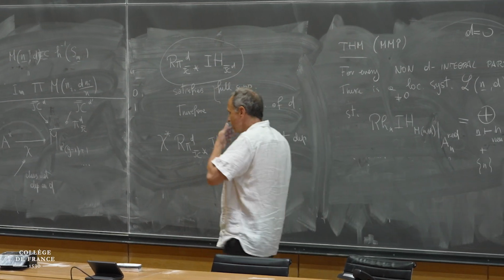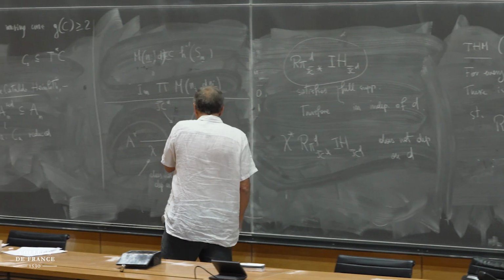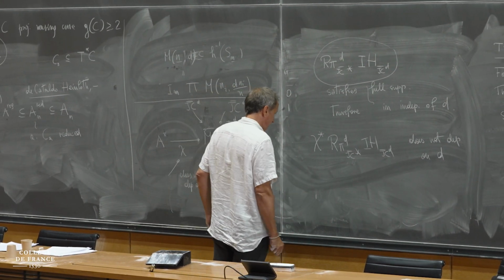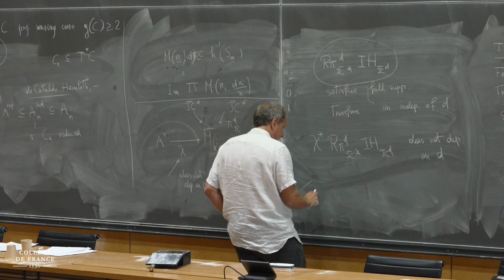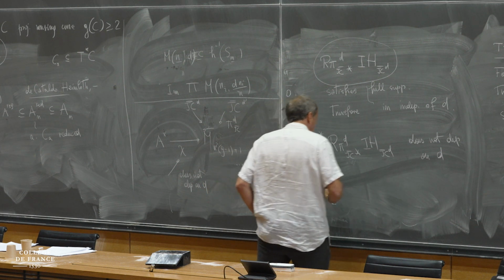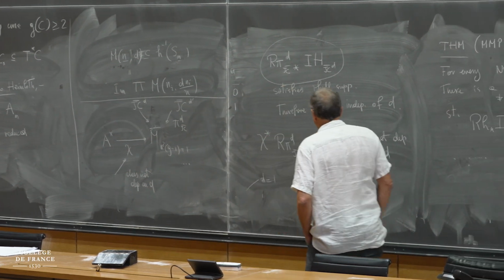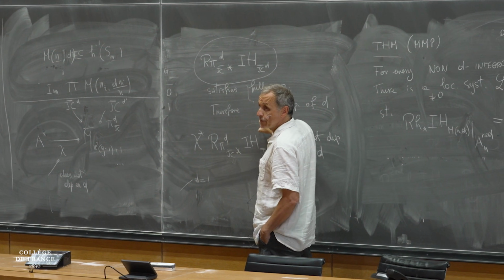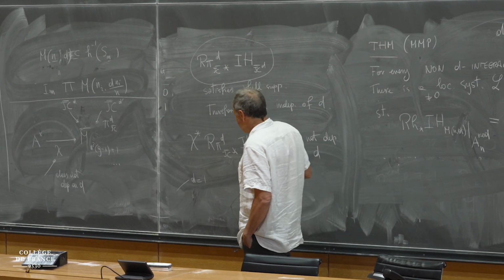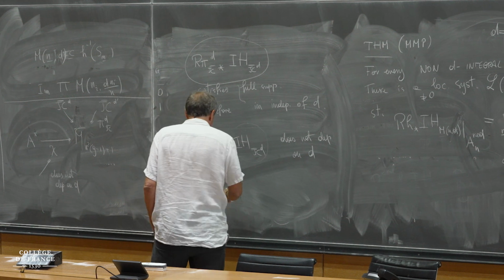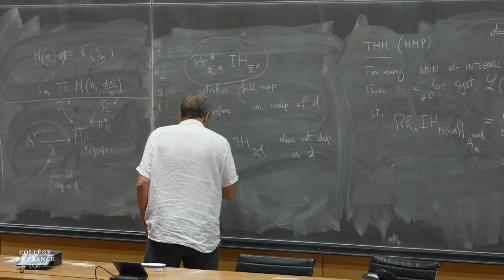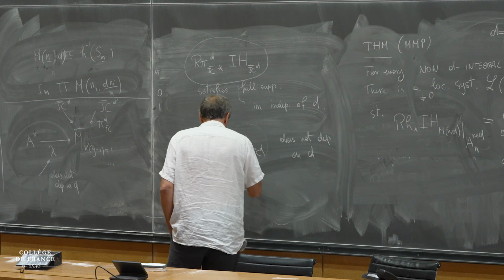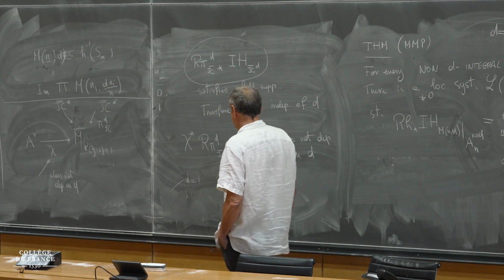So what is this object? Well, in the case that D equals 1, the coprime case, this is just the constant sheaf shift. So by proper base change, this is just the direct image of the Hitchin map.